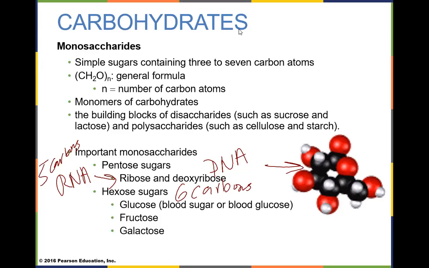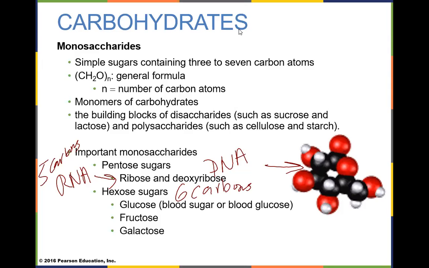Glucose, what we call blood sugar or blood glucose. Fructose, what we find in corn syrup, and galactose, which is just a variation, a slight structural change from glucose. It's a different type of sugar. It has the same properties. It's arranged slightly differently.